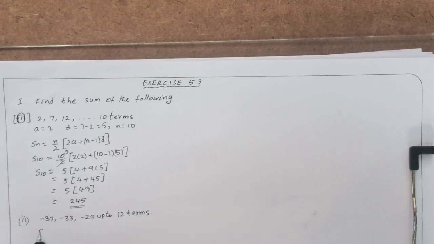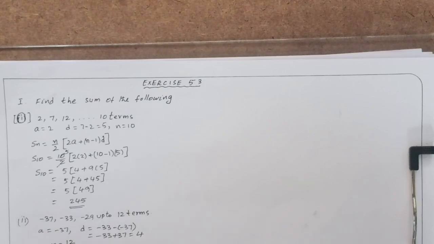Now here a equals minus 37, d equals minus 33 minus of minus 37, so minus 33 plus 37, that is equal to 4. So d is 4 and a is minus 37. How many terms? 12 terms. So here n is equal to 12.